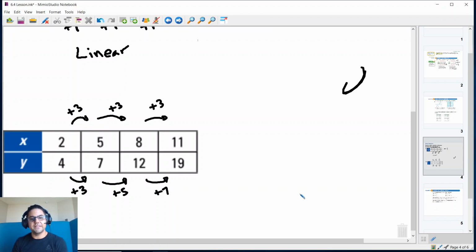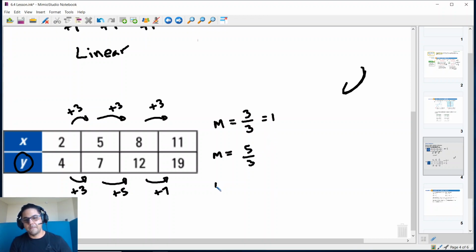Increase of 7. Ooh, not good. But let's double check. The first slope again, remember, rise over run. Rise is the y, so that's 3 over 3, which is 1. The next slope, I'm just taking the change here. That's a 5 over 3, which is not 1. And my last one, a 7 over 3, which is not 1. So again, not constant, therefore we say nonlinear.